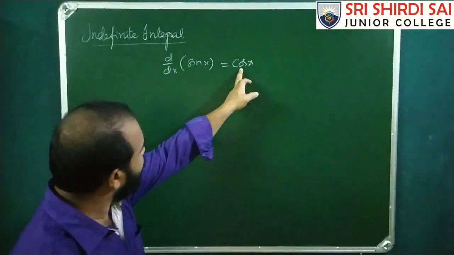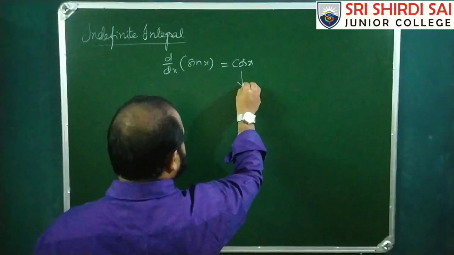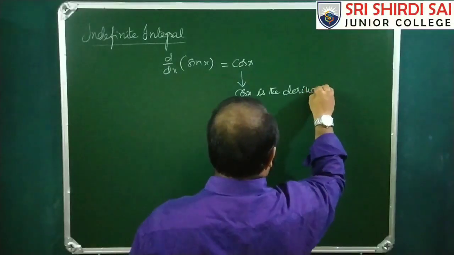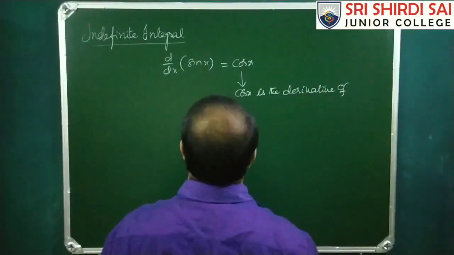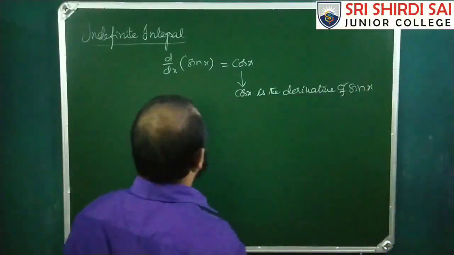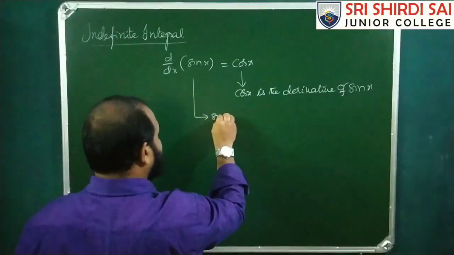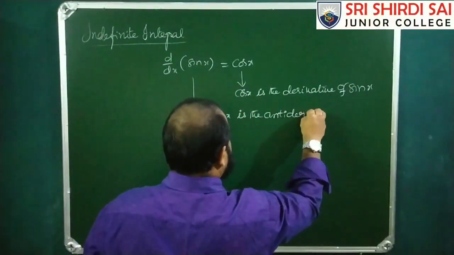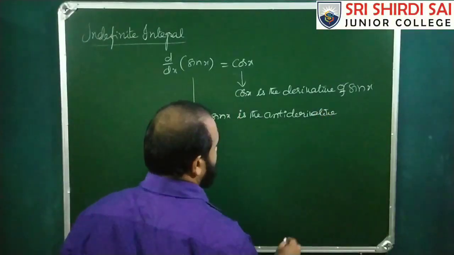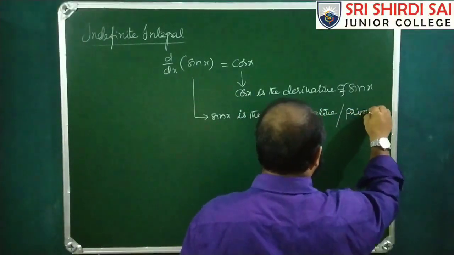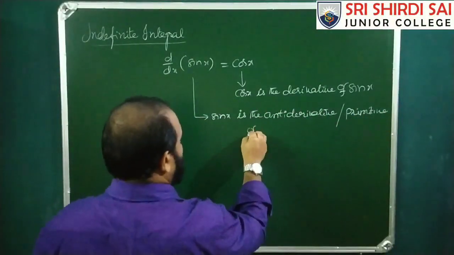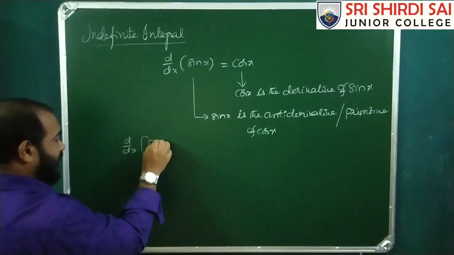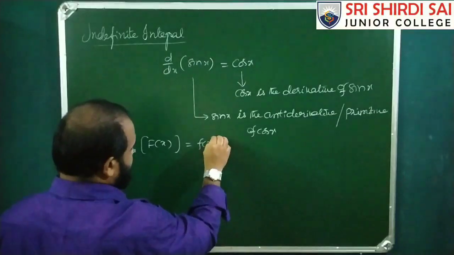Here cos x is the derivative of sin x, and sin x is the antiderivative or primitive of cos x. So d by dx of F of x is equal to f of x.